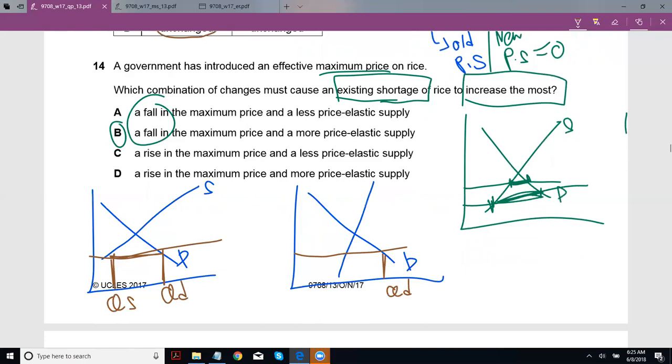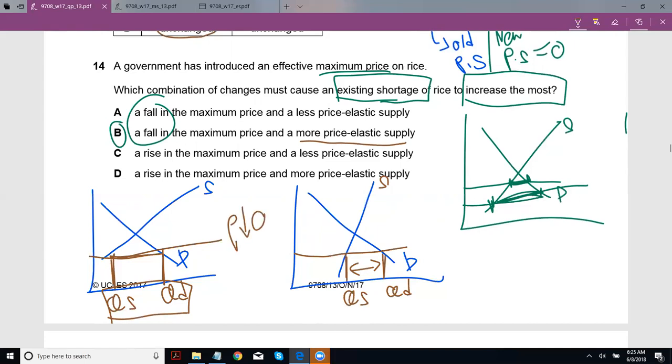But in an inelastic supply curve, what happens is your quantity supplied doesn't fall by that much. So the shortage isn't as potent as it would be where you have a more elastic supply curve. So that is why you want a more elastic supply curve, because what the maximum price does is it makes the price fall.